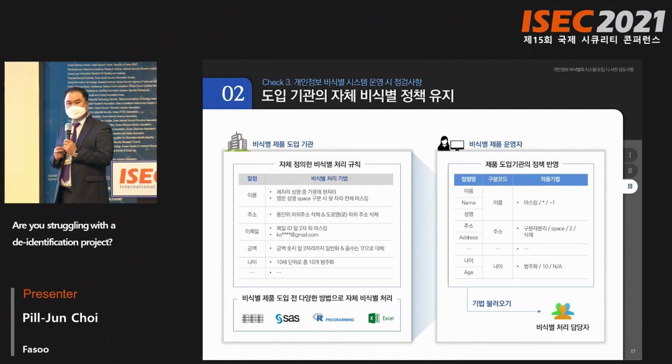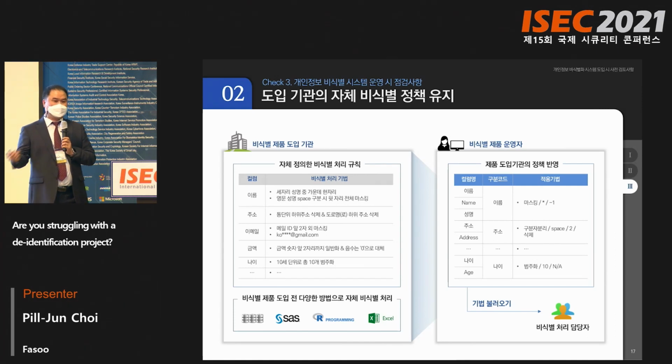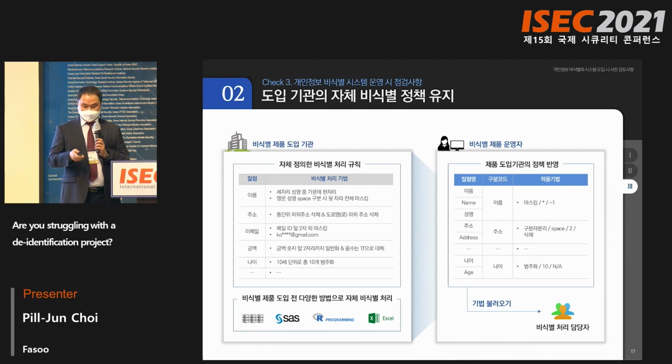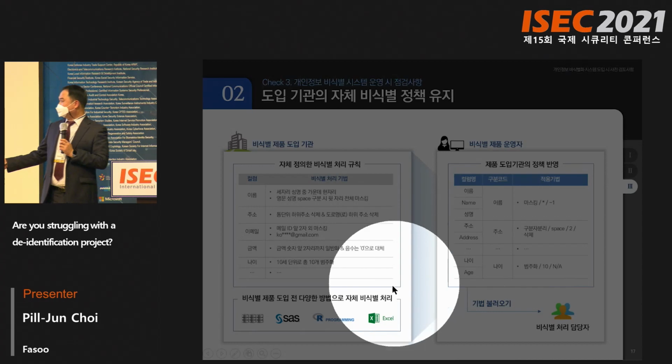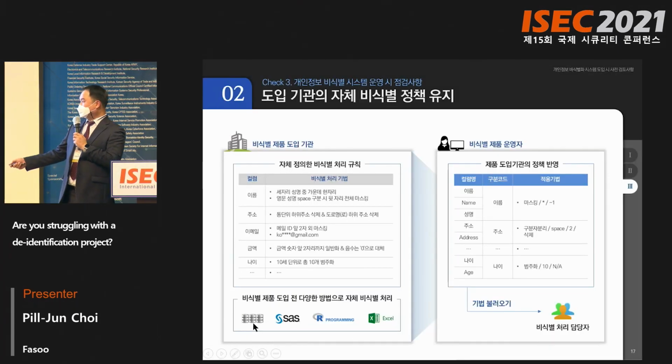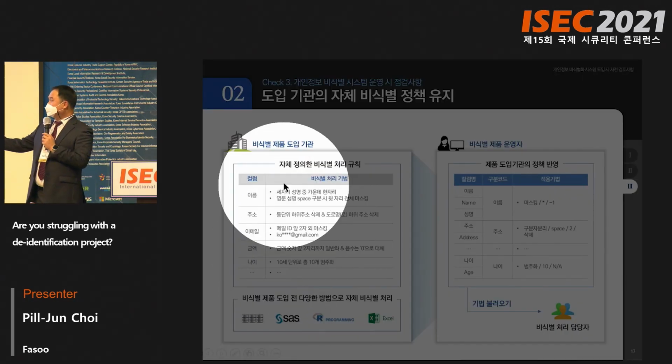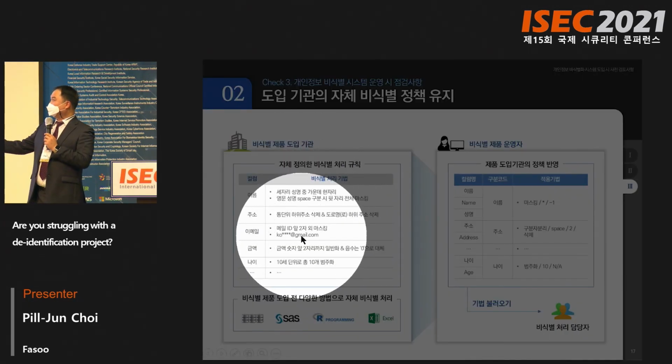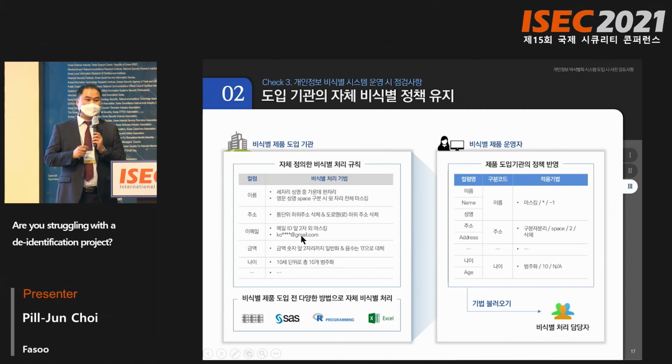And the second piece of advice is how to maintain the existing de-identification policy. Before introducing a new system, you may have been doing de-identification using SAS or R or DB. So you may be using a lot of tools to de-identify. In this case, the related department or unit will have certain rules.